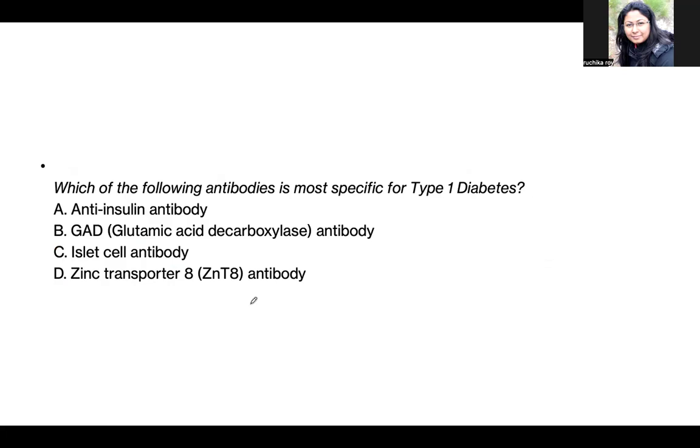Now tell me the answer: which of the following antibodies is more specific for type 1 diabetes? Anti-insulin antibody, GAD antibody, islet cell antibody, or zinc transporter antibody. GAD antibody is the most common test, but if the question asks for the most specific, the answer is zinc transporter antibody.